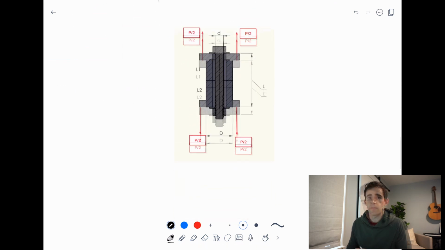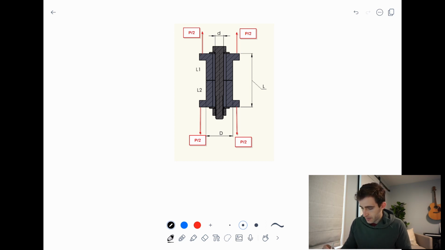Okay. Now that we've got a grasp on our design equation, let's go through an example of a fastener in static loading. We need to determine a bolt size and preload for the joint shown here. The clamped parts are steel, and we're going to ignore the effects of the flanges on the joint, and we're going to start with a preload of 90% of the bolt's proof strength as a first trial.